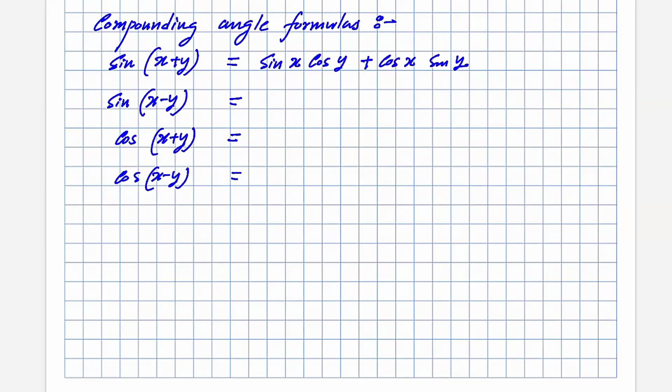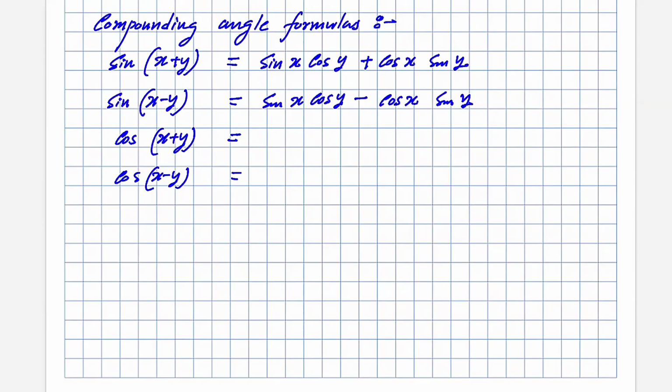Remember, I told you it's a geometric proof, right? X minus y. So y is replaced by minus y. So sin x cos y minus cos x sin y. Yep. That is fine.